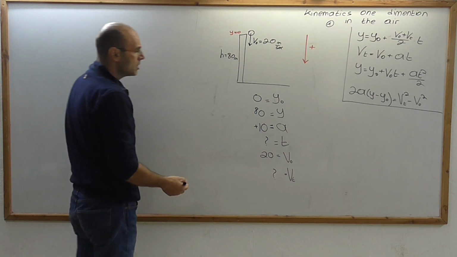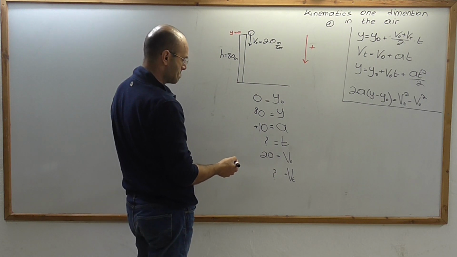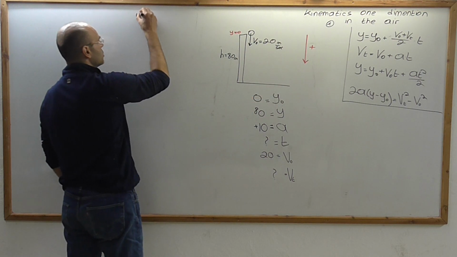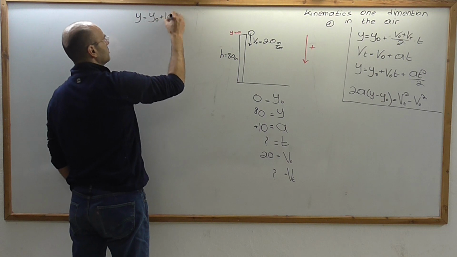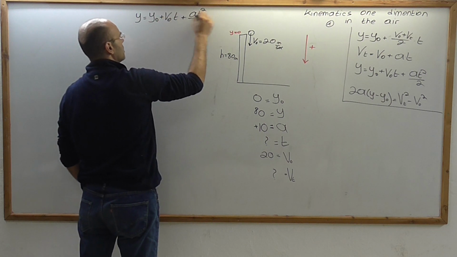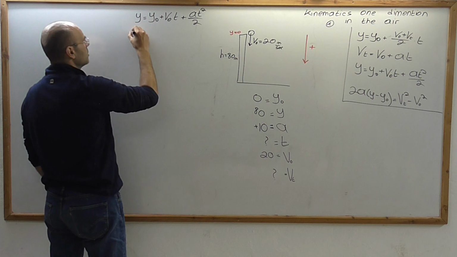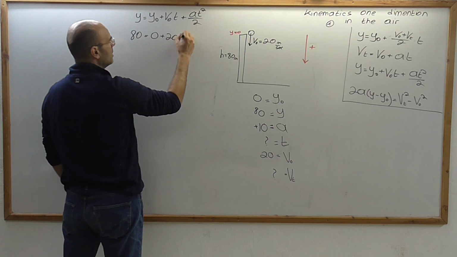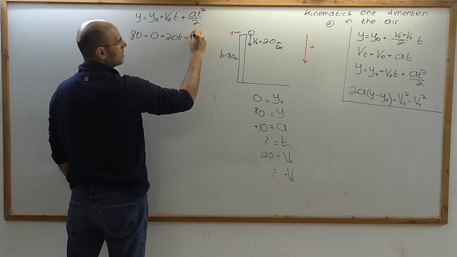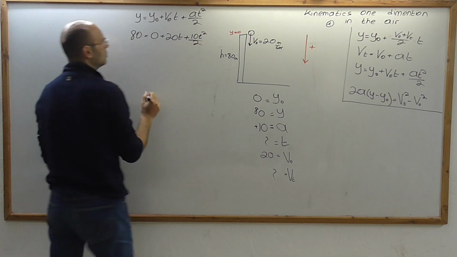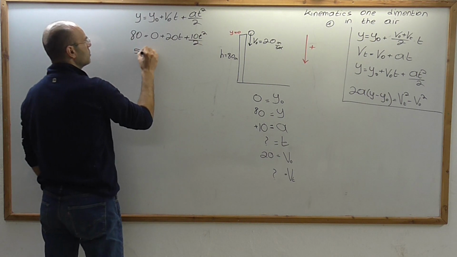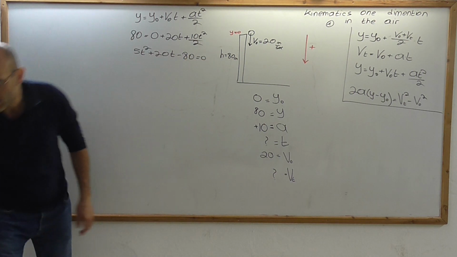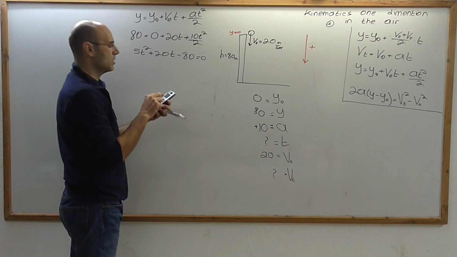Okay, let's find them. So we'll deal with the third equation, y equals y0 plus v0 t plus a t squared over 2. Let's put in: 80 equals 0 plus 20t plus 10 t squared over 2. So it's 5t squared plus 20t minus 80 equals 0. It's a quadratic equation.